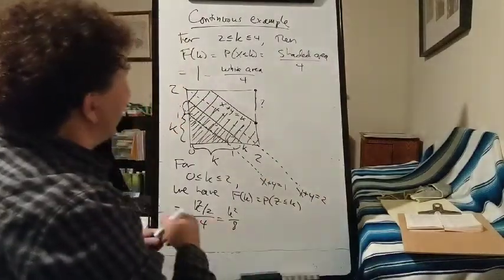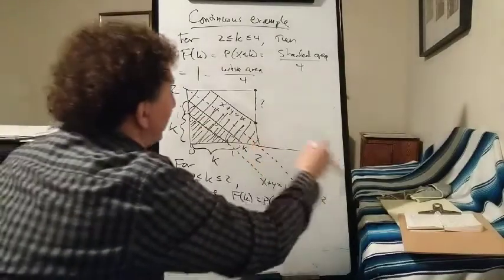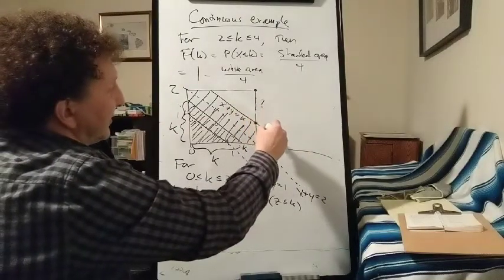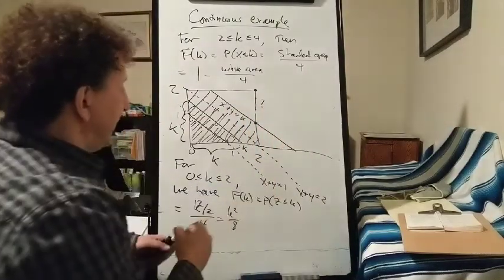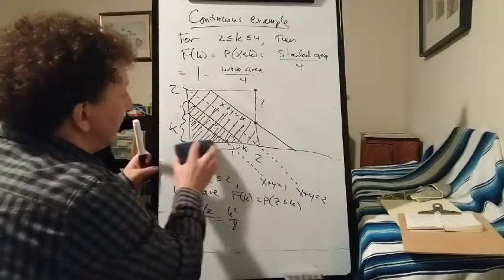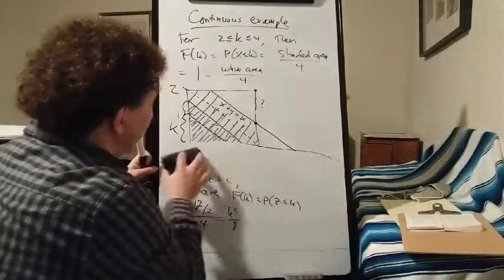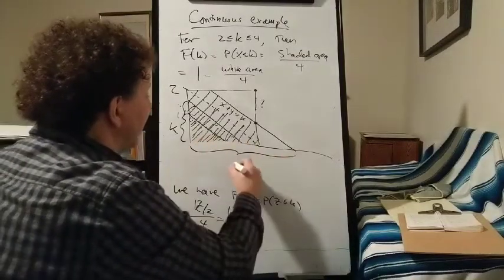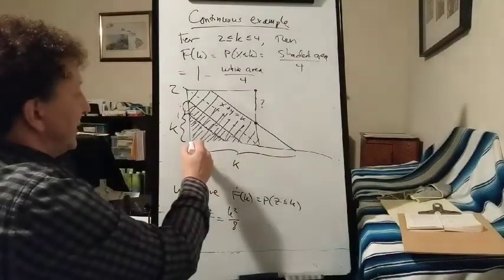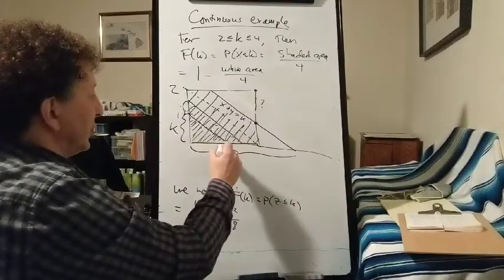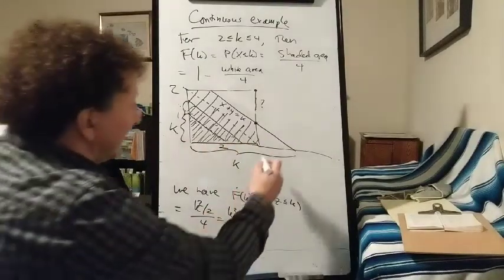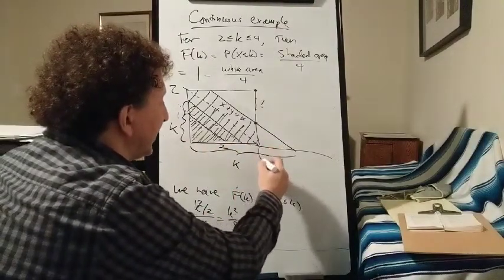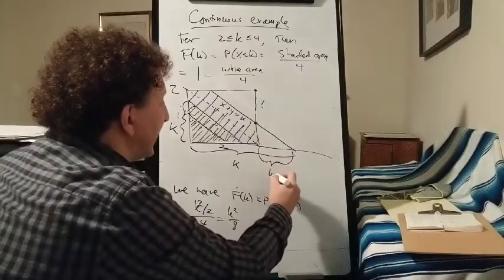So let's figure it out. If we make this line go down to the x-axis, then k is the distance from the origin to there. That's k. And we know that this part is 2. So this part over here, I guess, is k minus 2.